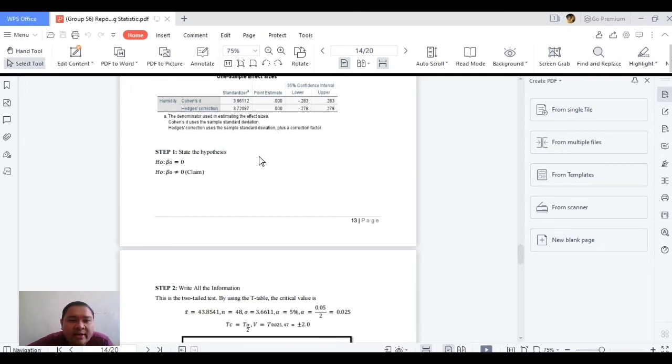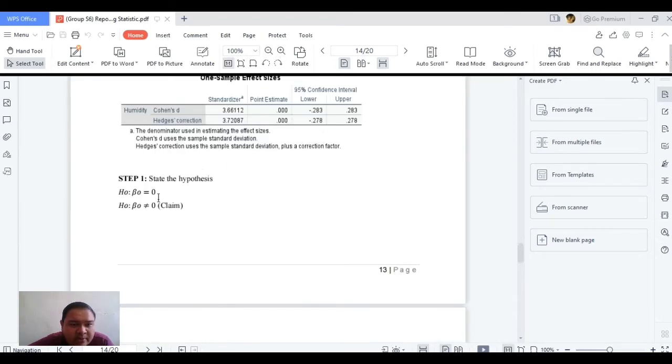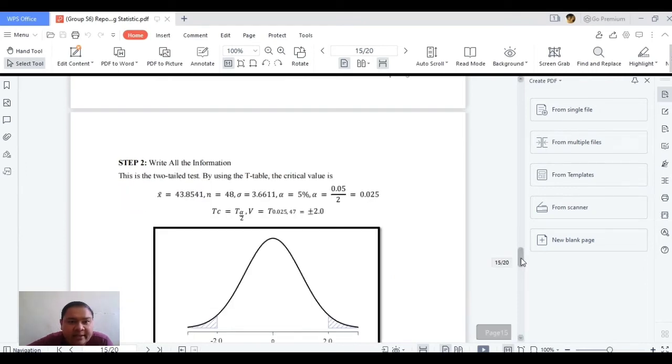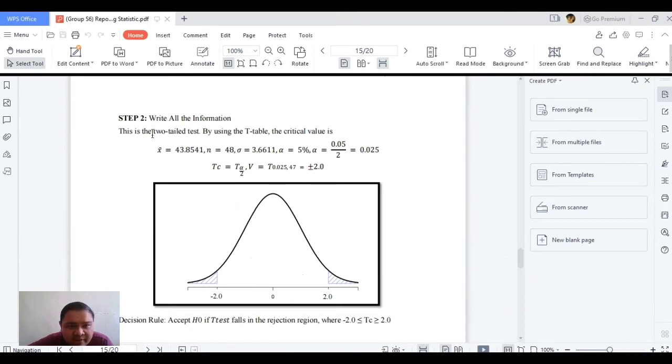Step 1, state the hypothesis. H0: beta 0 equals 0. This is the claim. Write all the information. This is a two-tailed test. By using the table, x bar is 43.8541, n is 48, and sigma is 3.6611, where alpha equals 5%, so 0.025. The critical value is alpha over 2 with degrees of freedom 48 minus 1, which is 47.